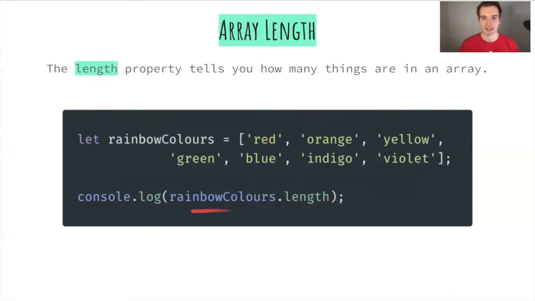So in this case, this would evaluate to seven colors of the rainbow. That's a handy property. It turns out that we can also do this with strings. If we had red in quotes and then .length, it would return 3, which is kind of helpful. However many characters are in the string gets returned by length, which is nice.